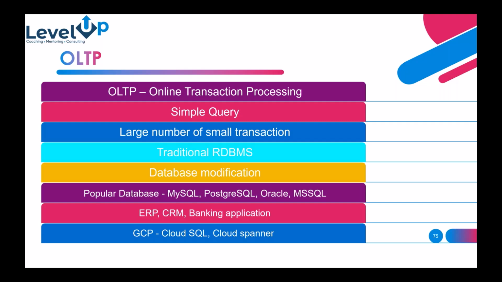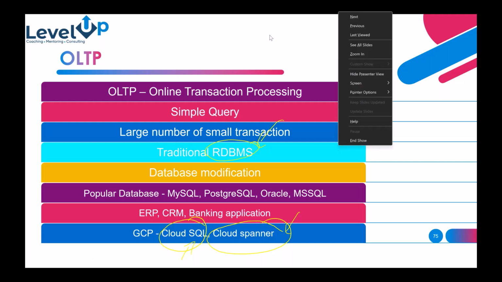Now if you want to create this on GCP, what is the service? You have two options: Cloud Spanner or Cloud SQL. By using Cloud Spanner or Cloud SQL, you can create a relational database management service on GCP.